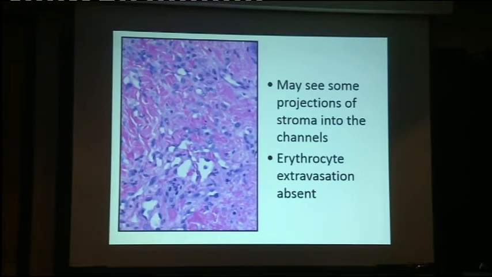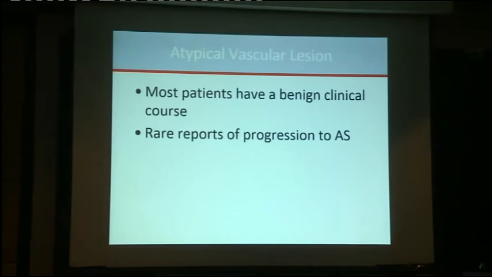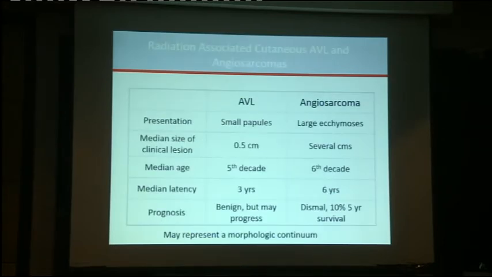Sometimes you can see individual nuclei protruding into the channels, but you don't have proliferation, and you don't have erythrocyte extravasation into the stroma. But I should caution you that these lesions are difficult, and if they only do a punch biopsy and you have only a small focus of lesion, they can mimic angiosarcomas.